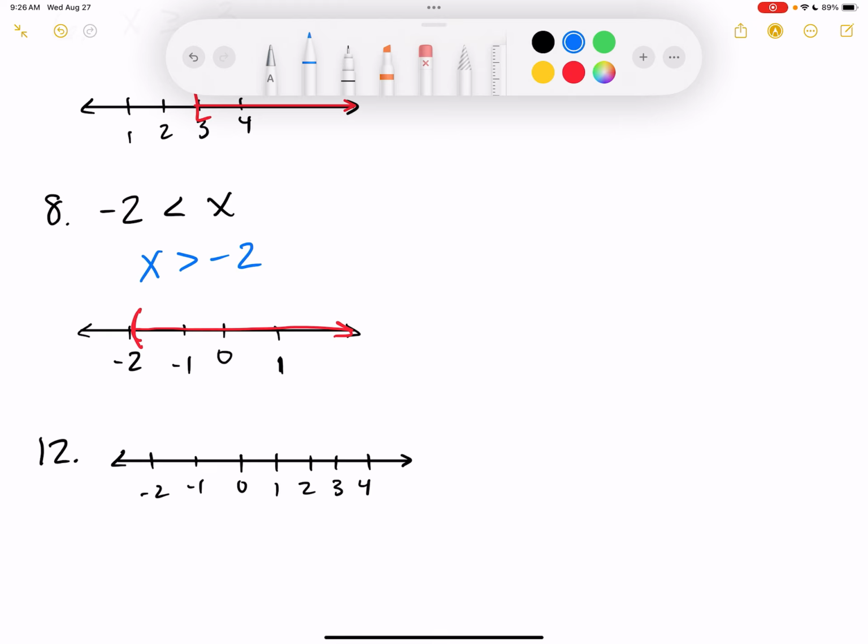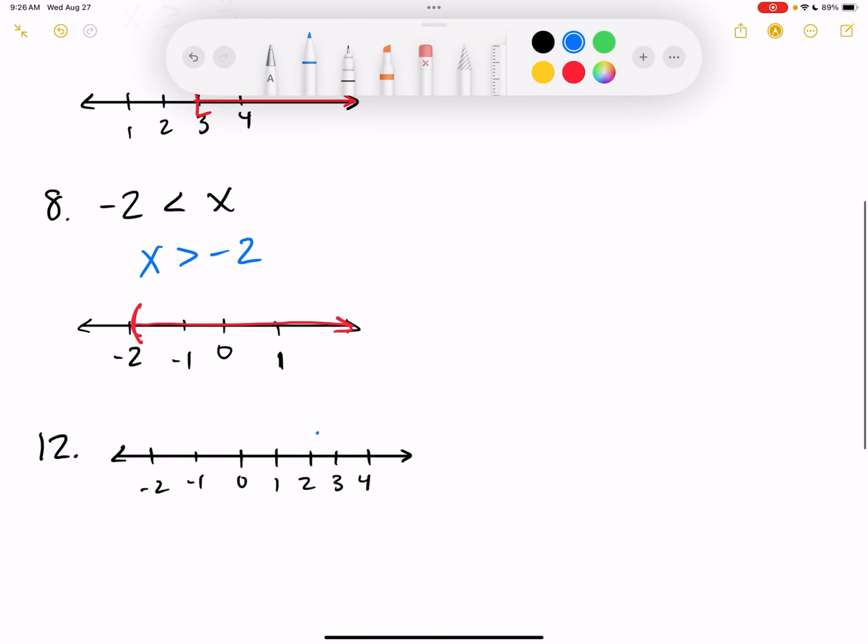For them it's an open circle, but for us it would be a parenthesis at 2 going to the right and a bracket at 0 going to the left.